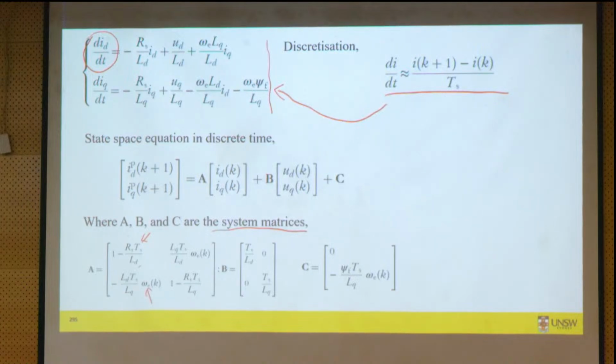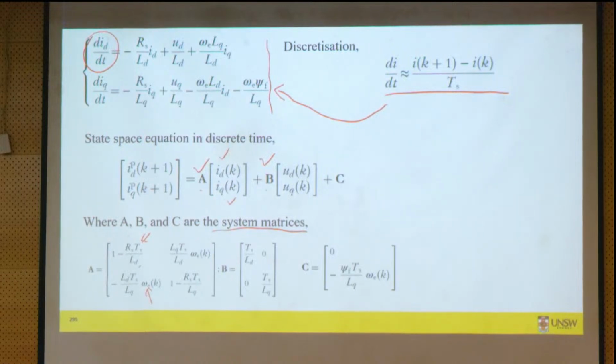So the matrices A, B, and C can all be calculated or will be known. These currents ID and IQ are at a certain instant.